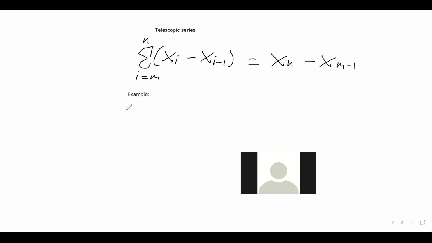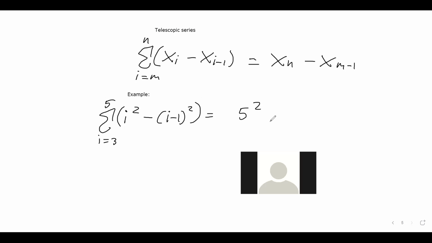Okay, so for example, if you have the summation of i from 3 all the way up to 5, then you have i squared minus the i minus 1 squared. Then I will show you what happens. What this rule predicts is that I can take this xi and fill in the n for it.